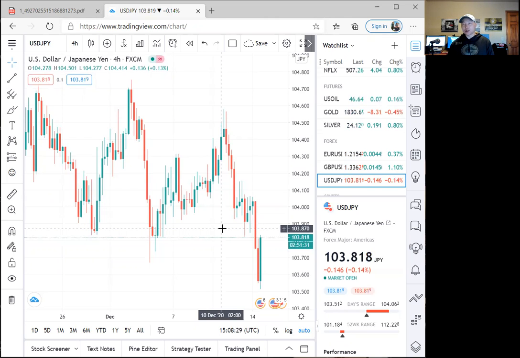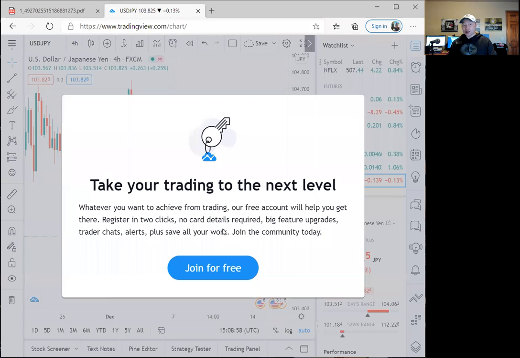With the 4 hour, you get two 4 hour candles in each session: two in New York, two in Tokyo, two in London. That's 6 times 4 hours, which is 24 hours. So that's pretty cool.